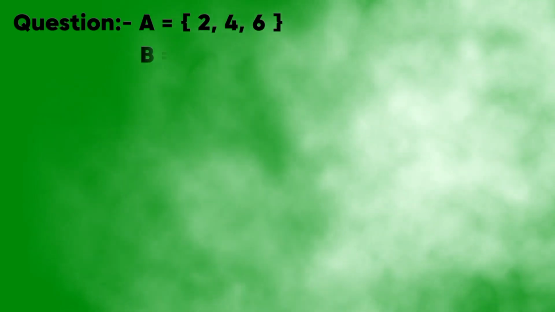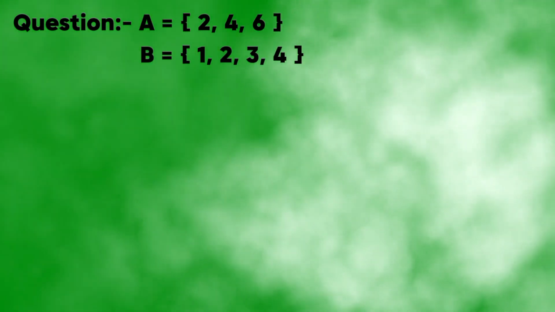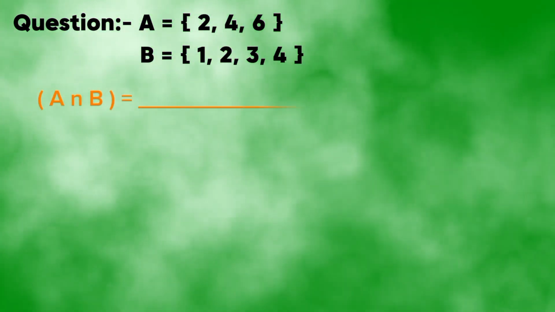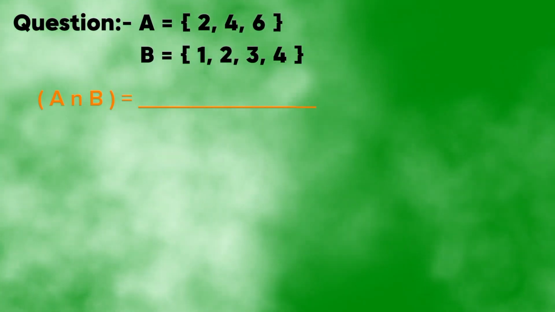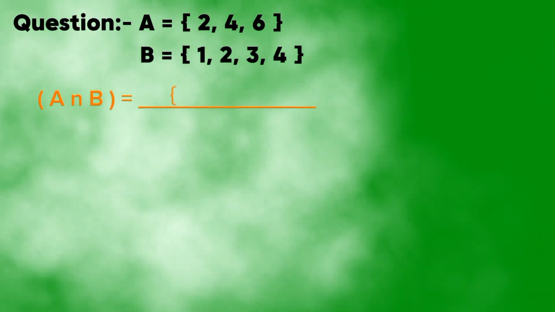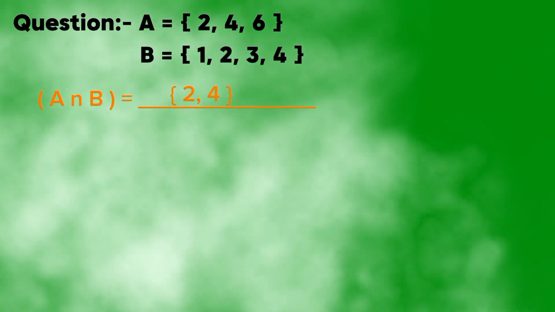Question. Set A equals {2, 4, 6} and set B equals {1, 2, 3, 4}. What is A intersection B? Answer: {2, 4}. Common mistake warning.